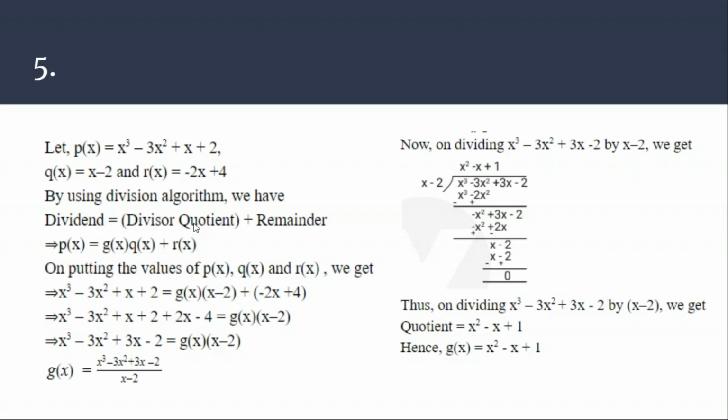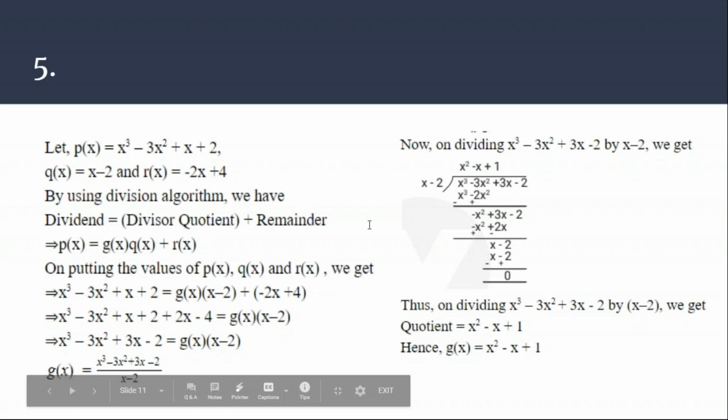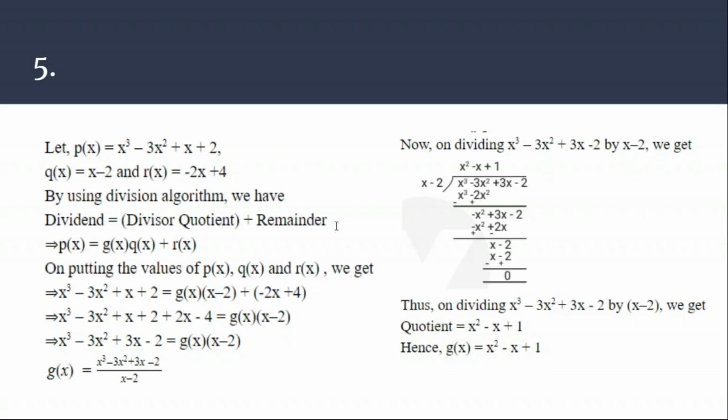So x minus 2 will become your divisor instead of it being a quotient, right? Is it dividend what you divide or what divides? Dividend will be P of X. Divisor is what you divide it with. So divisor is G of X.